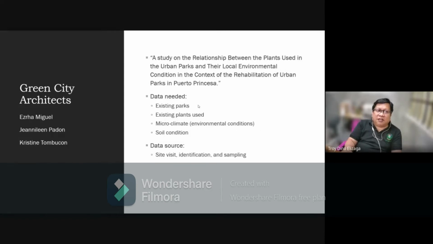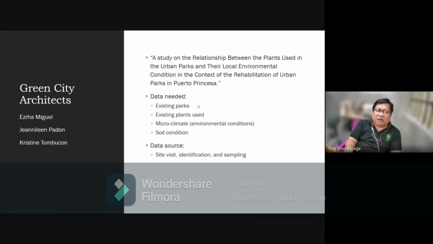And Green City Architects, a study on the relationship between the plants used in urban parks and their local environmental condition in the context of the rehabilitation of urban parks in Puerto Princesa. So you need to know the existing parks, the existing plants used.